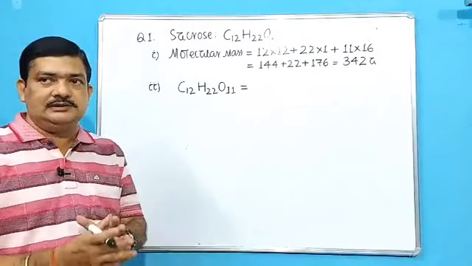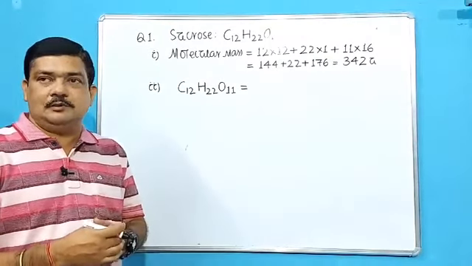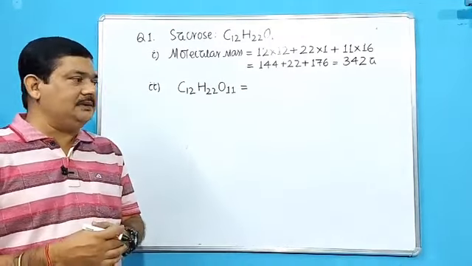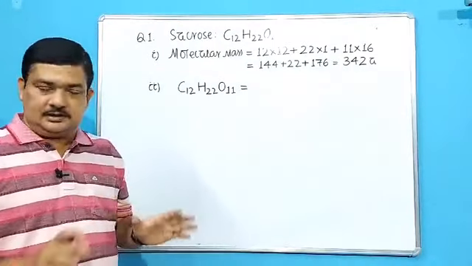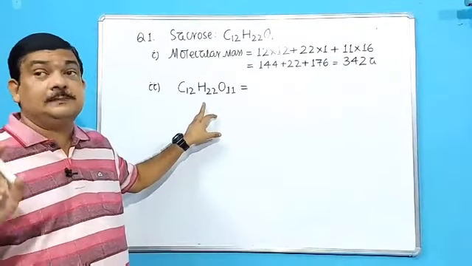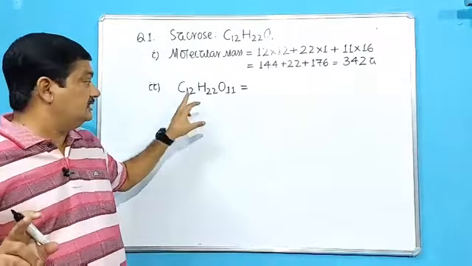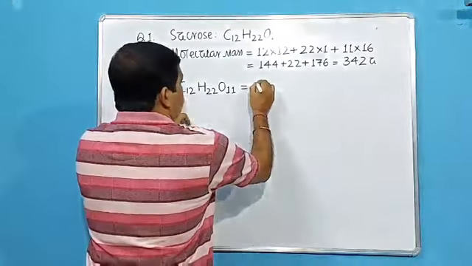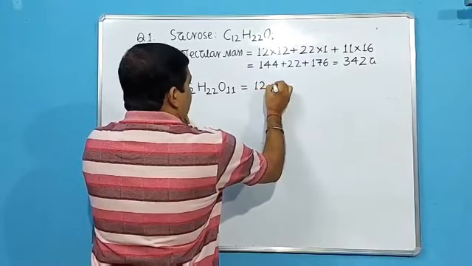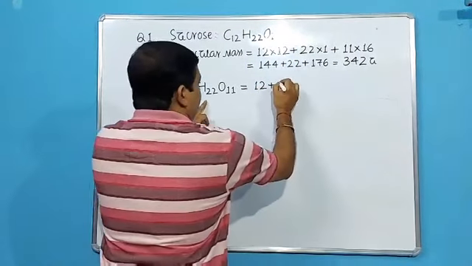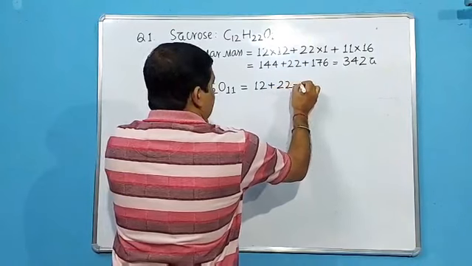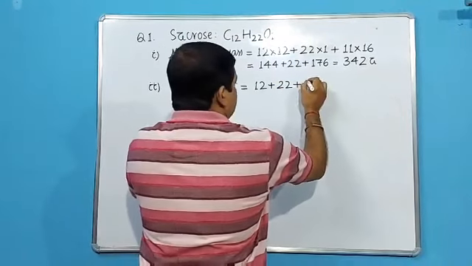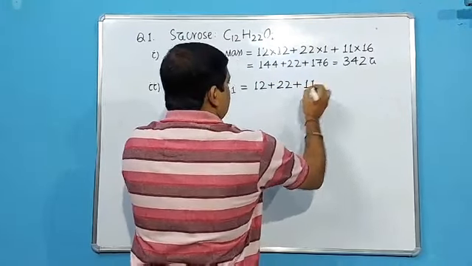I have not taught you mole concept, but those who studied mole concept have tried to solve it by using mole concept. Not required. How many atoms are present in one molecule? That is the question. So this is one molecule. Simply you have to calculate the number of atoms. So it has 12 atoms of carbon plus 22 atoms of hydrogen plus 11 atoms of oxygen.